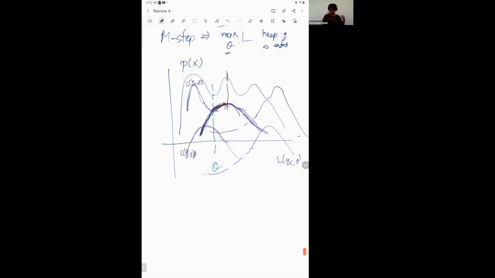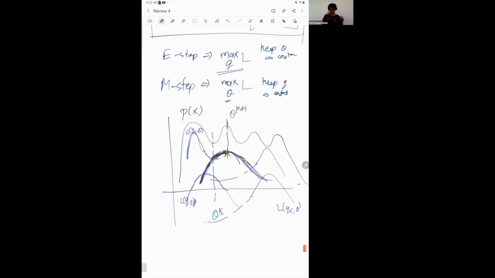This is our lower bound. So since we are maximizing, now we have this theta. Initially, let's say this was theta k, then in the next iteration we increase to theta k plus 1, to this point. Now we would fix this theta again. So this would be the M step.